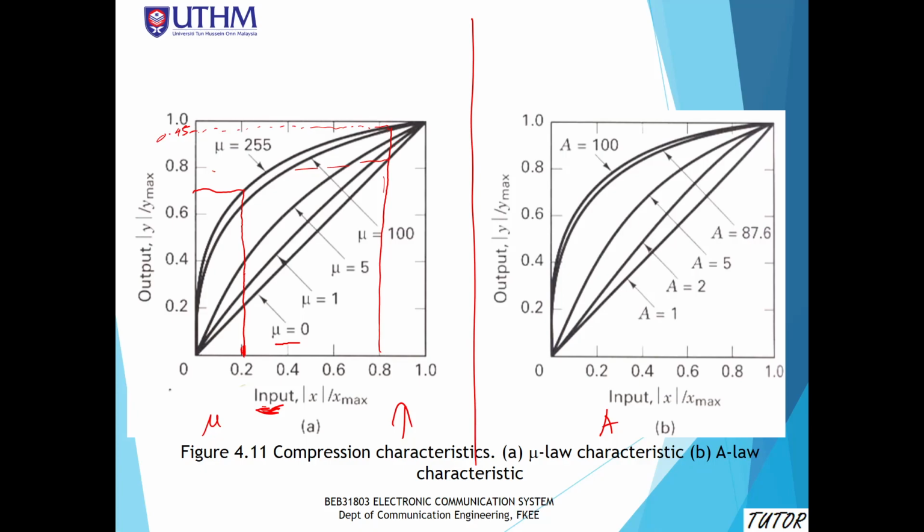We modify the signal, but when we modify the input signal, we cannot modify it as we like. It is based on the standard. So the distorting process, this is what we call compression and expansion, or companding. Kita sebenarnya modify signal itu berdasarkan standard yang diberikan, A law and also the mu law. Okay.